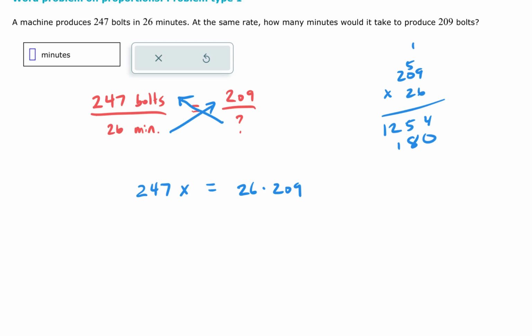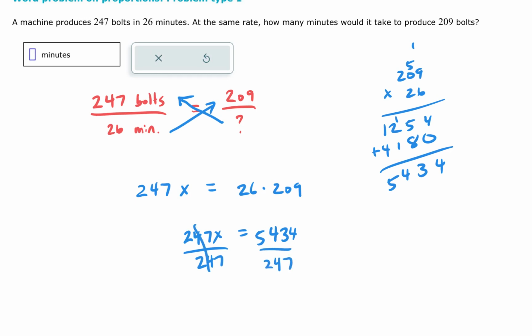18, 1, 4. It's just easy to make mistakes when you're trying to quickly multiply and add. So I have 5,434 on the right, 247x on the left. I'm going to divide by 247. That will give me just x on the left. And then we're going to have a big division problem here. 247 goes into 543 twice. 14, 9, 4.